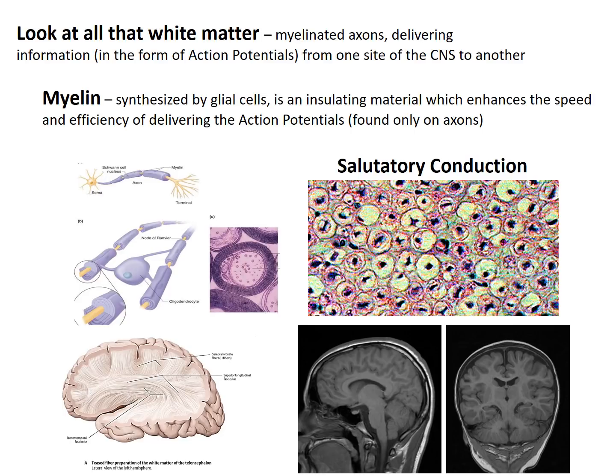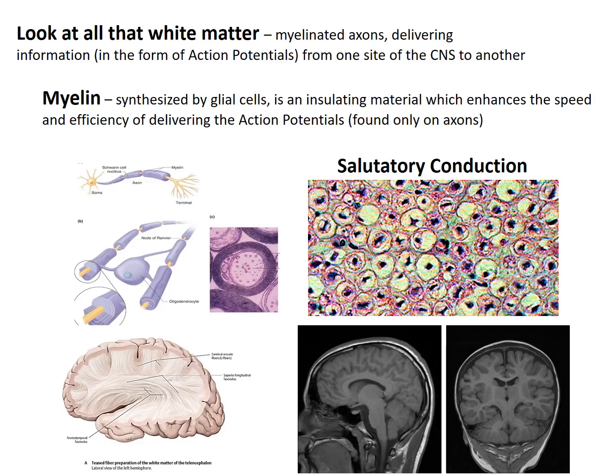And then again, in a brain biopsy, right above the MRIs, you see a number of neuron axons. All those circular structures that you're looking at are neuron axons, and you can see that those are all surrounded by a white material. That white material is the myelin.